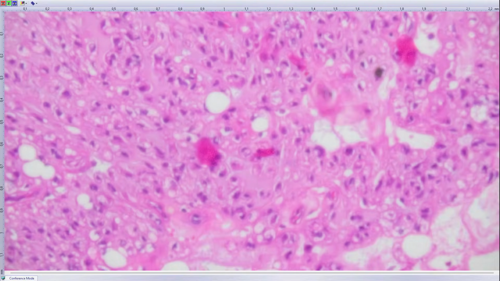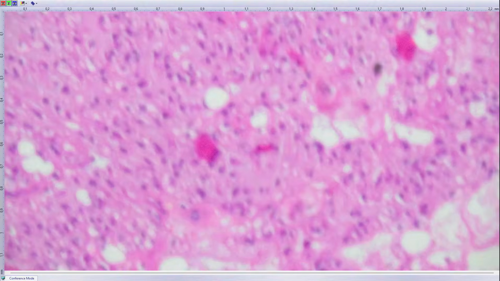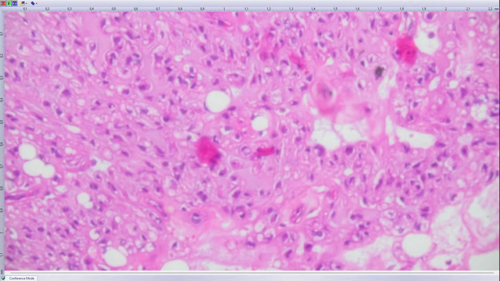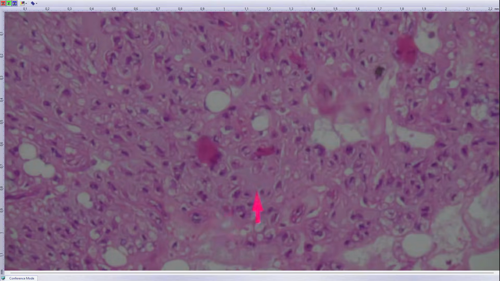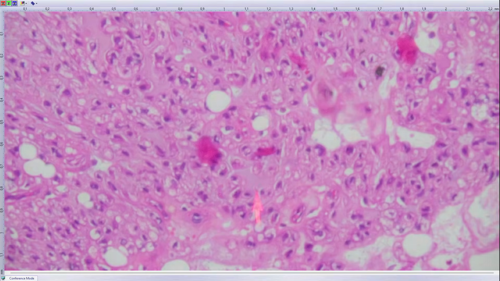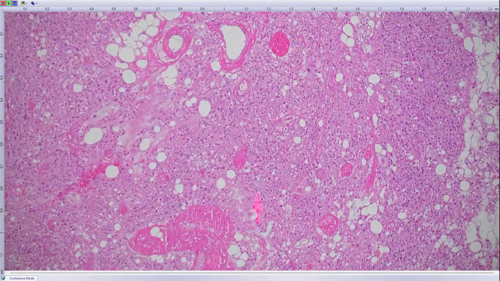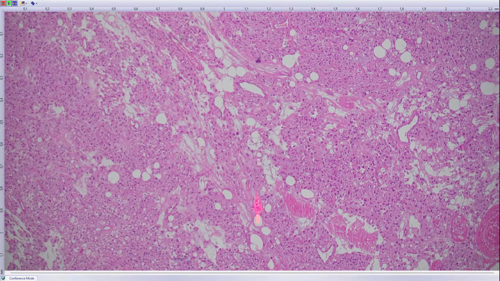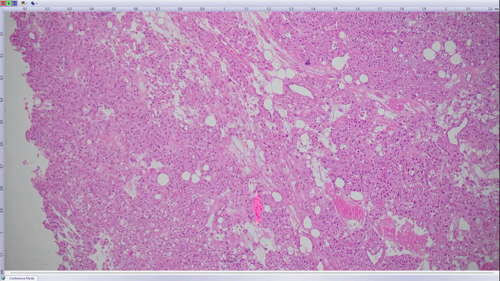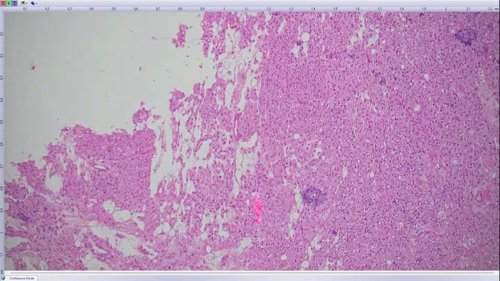This is called myxochondroid stroma in the center, for example here. It's not very prominent here, but at least something. And together with the mature adipose tissue at the periphery, this gives you the diagnosis of chondroid lipoma. It's a special variant of lipoma with completely different genetics.